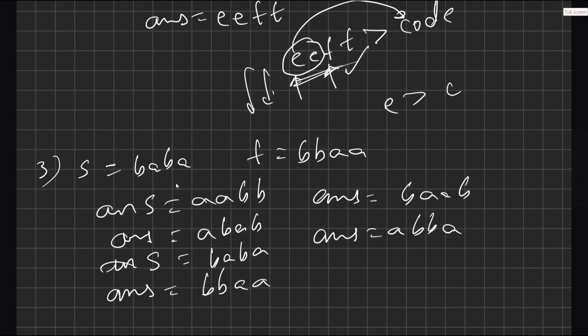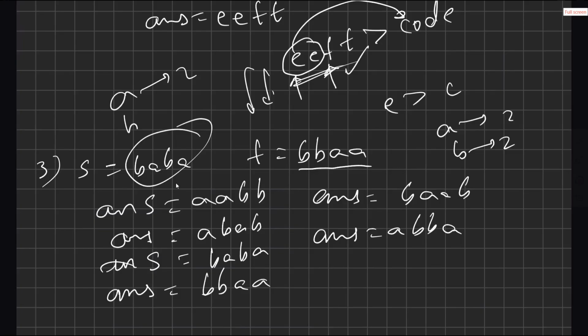Now here's the thing. The frequency of characters in T, A has two frequency, B has also two frequency. Similar in S also, A has two frequency, B has two frequency. But if you see the string T, it is the maximum possible string that is present.